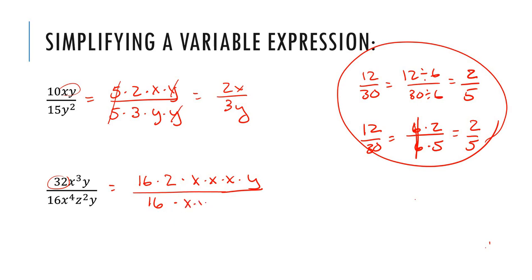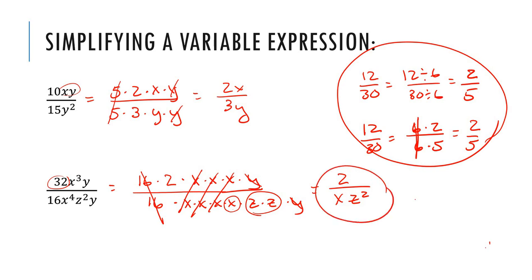I have 4 x's, 2 z's, and 1 y. So the 16's cancel, 3 of my x's will cancel, leaving 1 here, and my y's will cancel. So up top I'm left with a 2. On the bottom I'm left with 1 x and 2 z's. And that's my simplest fraction.